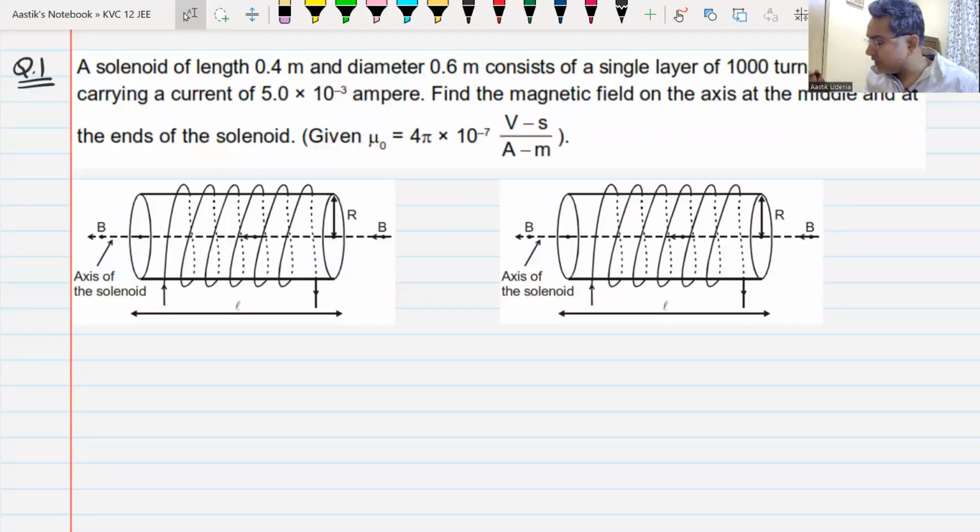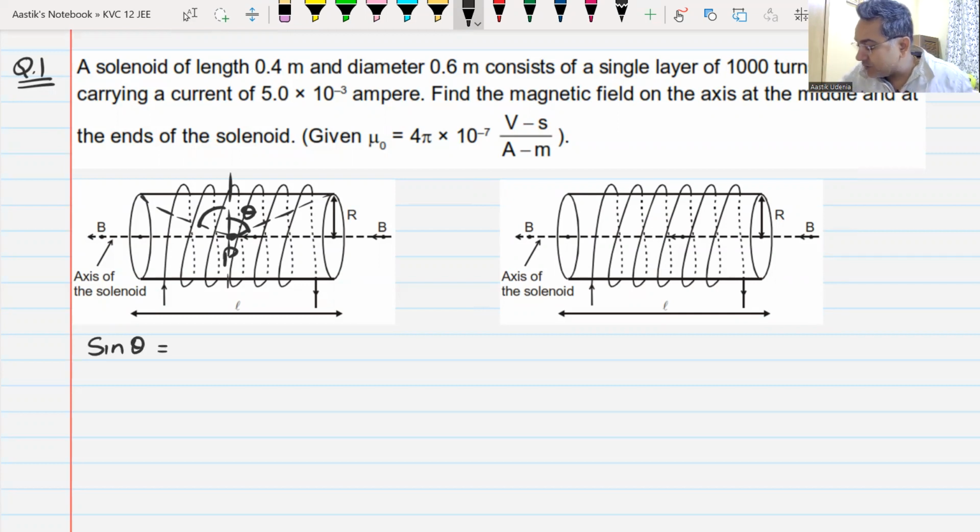So how are you supposed to do it? The first point is here, point P. I can join this end, I can join this end. Both the angles are going to be the same. Yes or no? Yes, sir. Let me call this angle theta. I can find out the value of sine of theta. What will be the value of sine of theta?